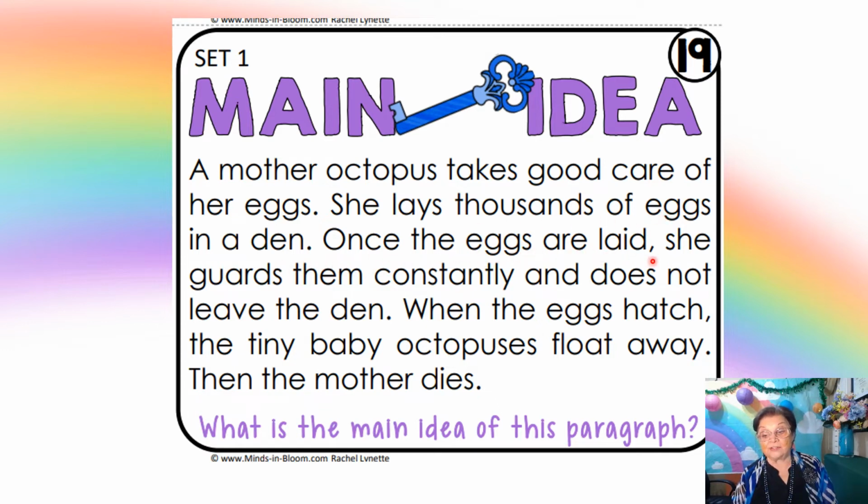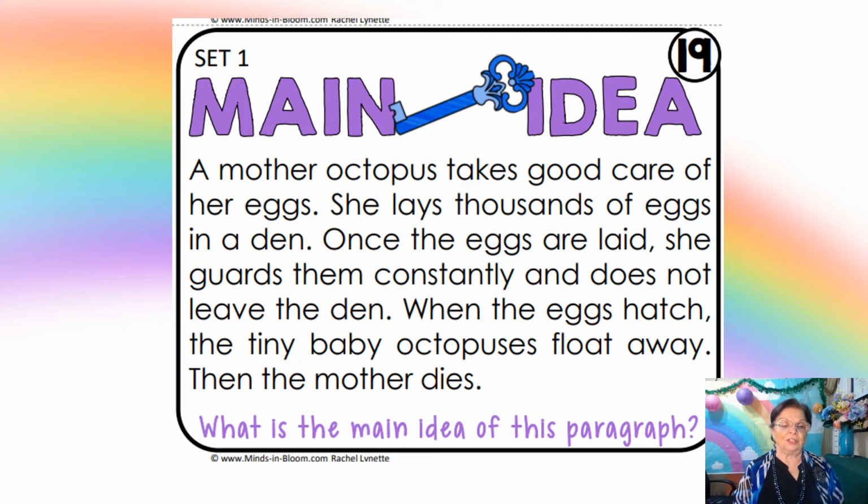Once the eggs are laid, she guards them constantly and does not leave the den. So that's saying that she takes care of them, just like it says up there. When the eggs hatch, the tiny baby octopuses float away, and then the mother dies. Now, I didn't know that till I read this paragraph.